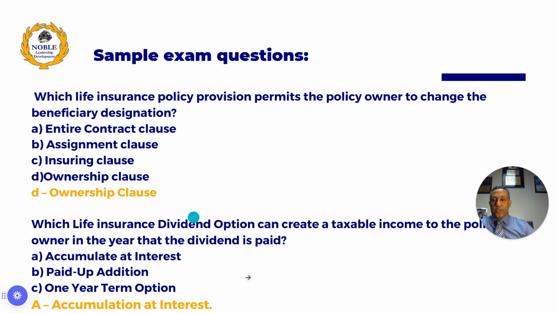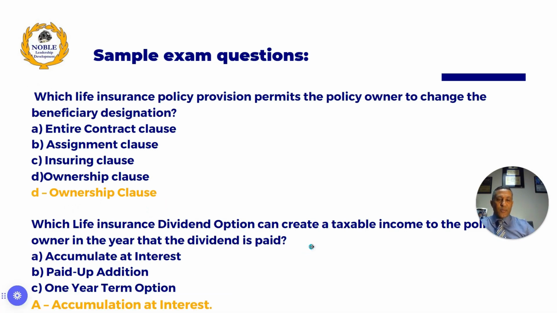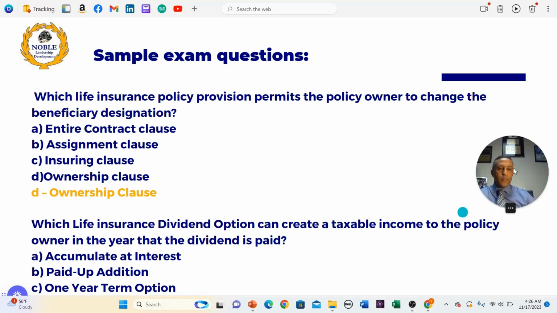Which life insurance dividend option can create a taxable income to the policy owner in the year that the dividend is paid? So I want you to pay attention. Just so we can answer the question, which one will allow you?